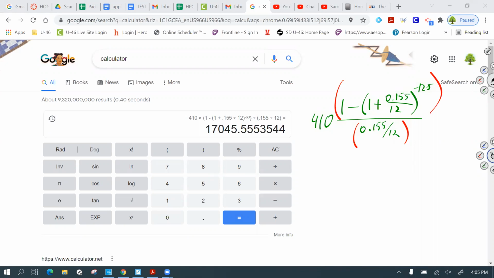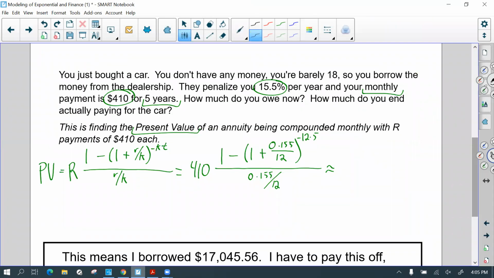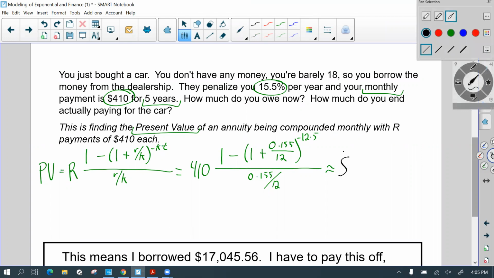So you give the dealership $410 every month for 5 years. The present value is $17,045.56.